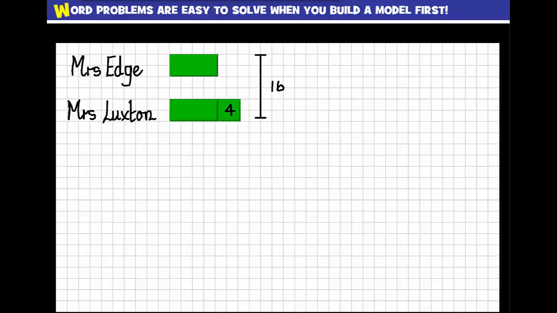So we want to be left with just these 2 equal blocks. So we need to get rid of this little 4. So I'm just going to take that 4 away.